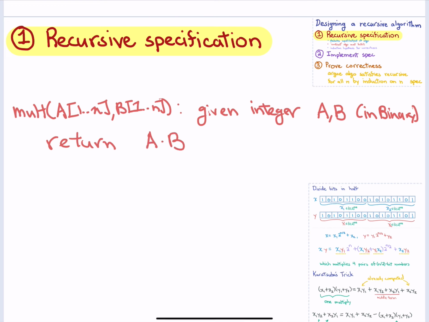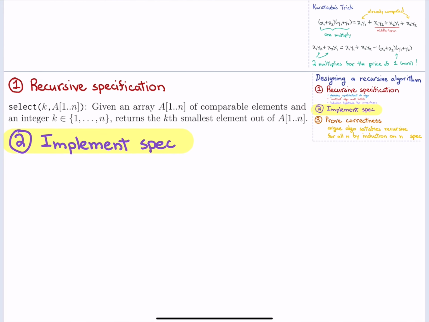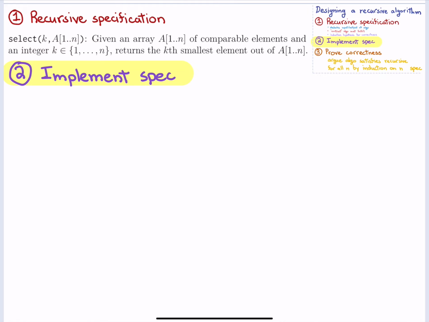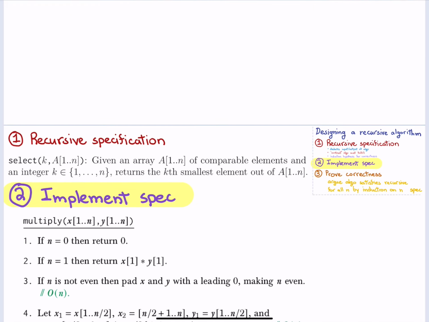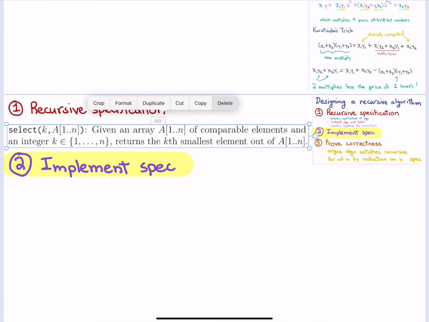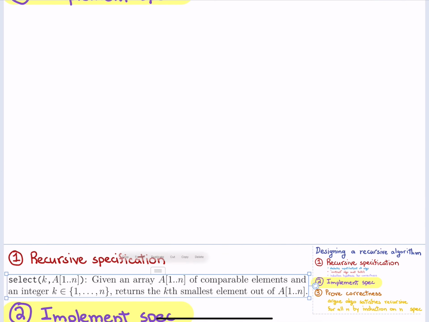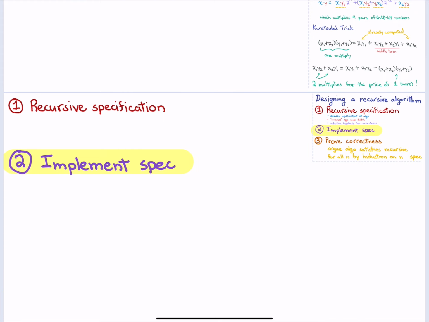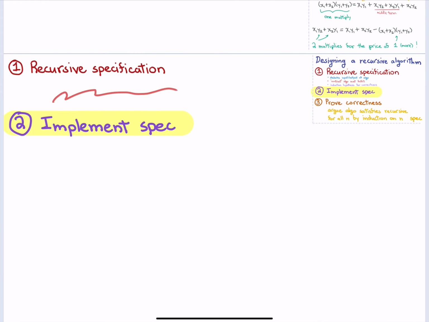Just so we know, this is important if we're going to do a recursive call, for formality's sake, because we need to know that the recursive call will return what we expect. That's what I had in mind. So we have our sentence, which is just: I want to take two numbers and multiply them.